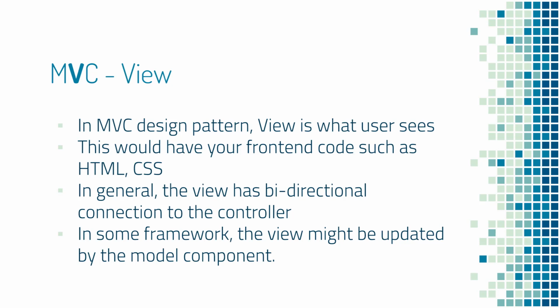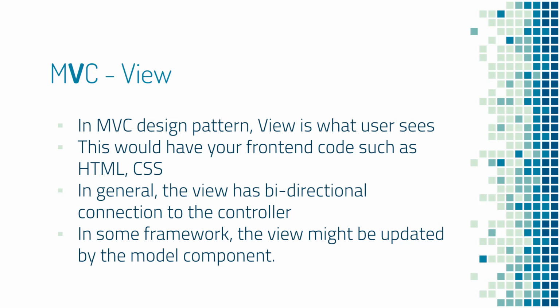It has your front-end code, such as HTML, CSS, and JavaScript. In general, the view has a bidirectional connection to the controller, because a request to the server is sent from the view to the controller, and a response is sent from the controller to the view.